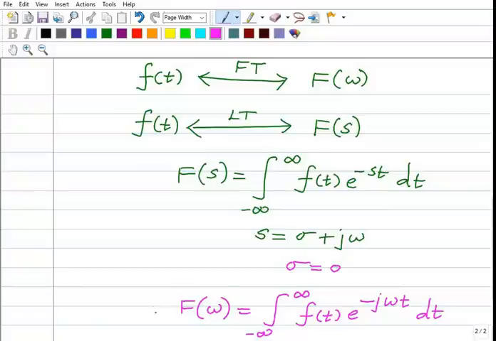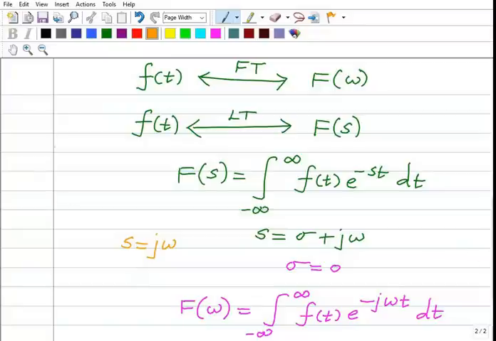So this is the Fourier transform equation. It is very easy: if you know the relationship between time domain and s domain, you can just substitute s equal to j omega in the Laplace result to get the result for Fourier.